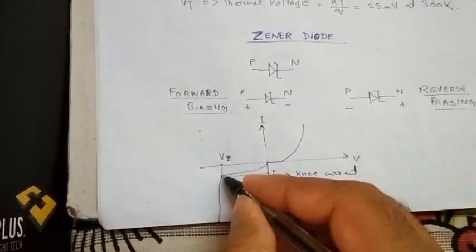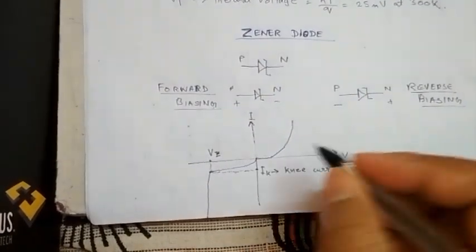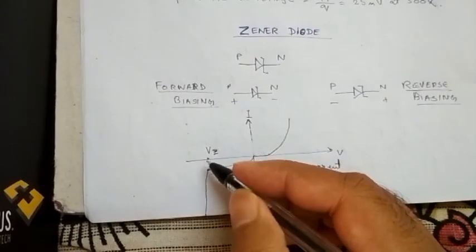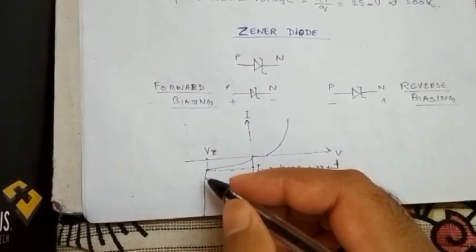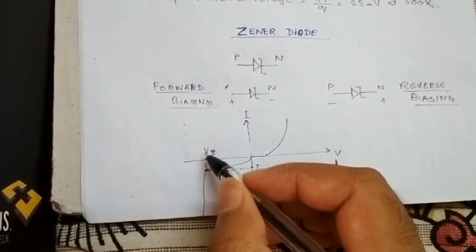But after a certain voltage, due to the Zener breakdown, the current rises abruptly in the negative direction, and the voltage remains fixed.